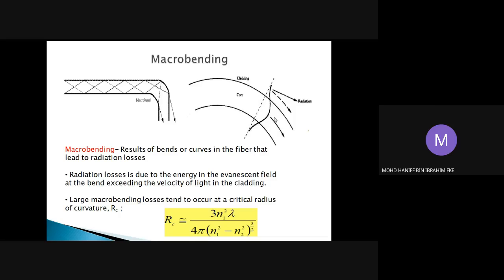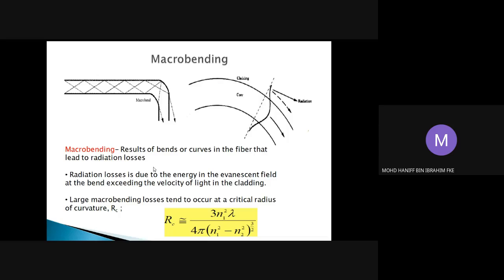Due to this bending, the light will not obey total internal reflection, and it will leak to the cladding. When it leaks to the cladding, it will be converted to a leaky mode or radiation mode, and this will incur the loss.